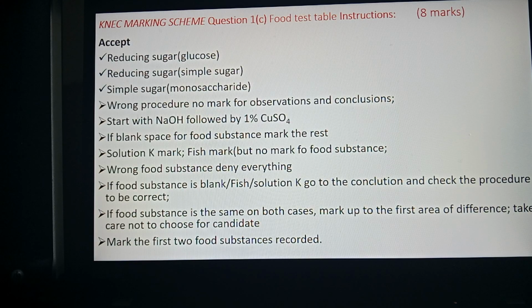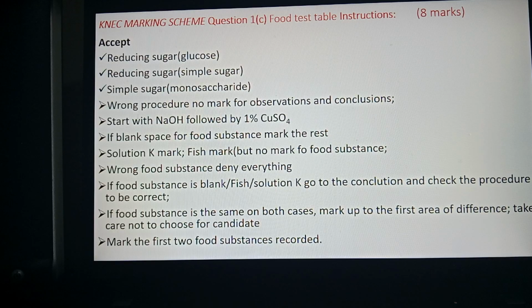Wrong procedure, no mark for observations and conclusions. When putting the reagents, you start with the sodium hydroxide followed by 1% copper sulfate and not any other way. Remember, we are training you to be a doctor and doctors must do operations correctly. So, sodium hydroxide first followed by 1% copper sulfate.